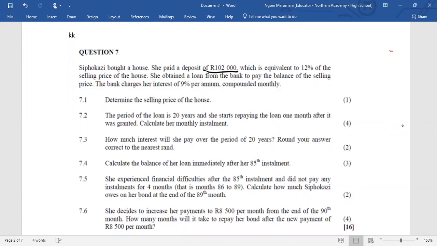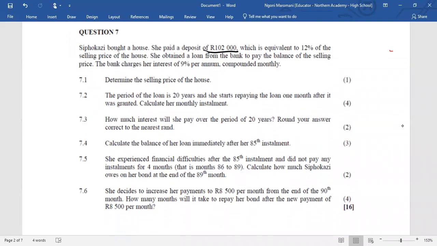We are not told how much the selling price is. She obtained a loan from the bank to pay the balance of the selling price. The bank charges her interest of 9% per annum compounded monthly. Determine the selling price of the house. So we don't know the selling price.